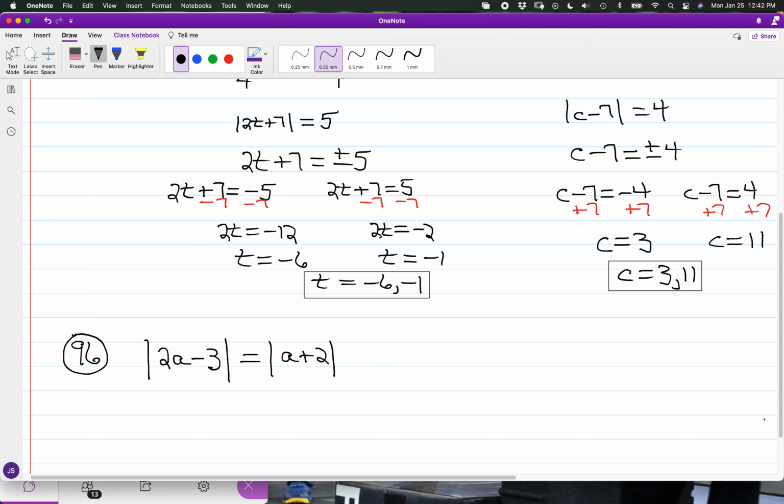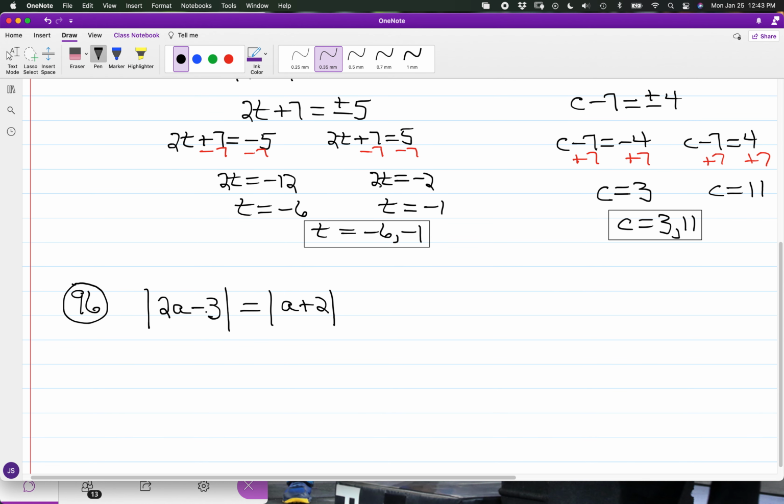So if I take out the absolute value notations, now there will be two results here for 2a minus 3. One is going to be positive and the other negative, so you have the positive or negative of the quantity 2a minus 3. Those will have an absolute value of 2a minus 3. As for a plus 2, the quantities that will have an absolute value of a plus 2 are plus or minus the quantity a plus 2.